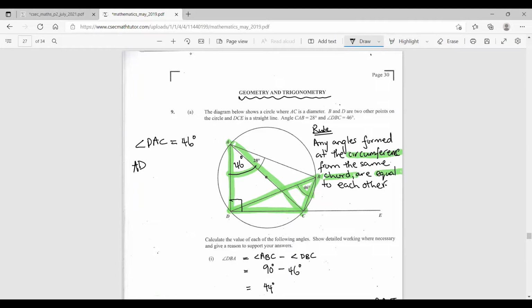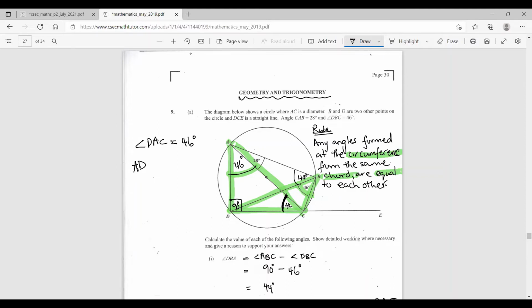So we know here is 90 degrees. We know here is 44 degrees. How much would inside here be? This line here, how much would here be? 44.